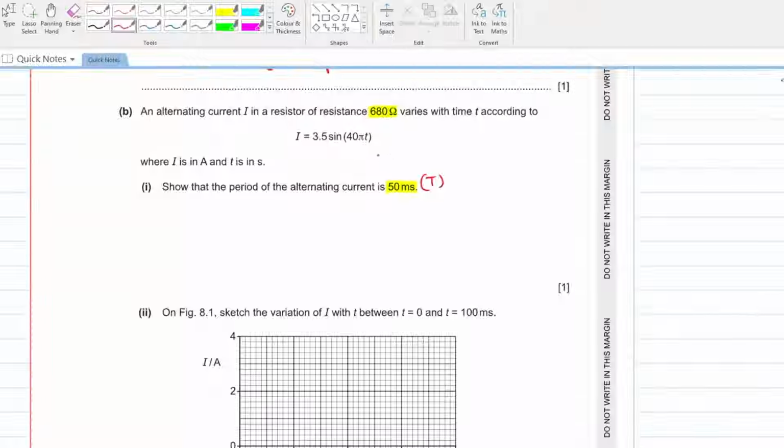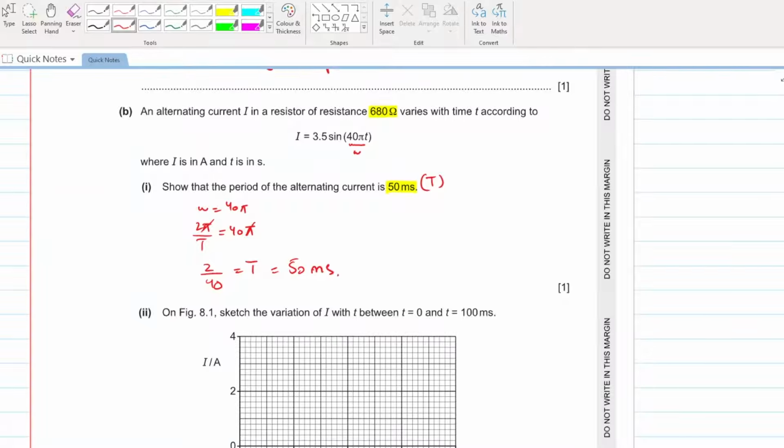We know that 40 pi is equal to omega. Omega is equal to 40 pi, so 2 pi over T is equal to 40 pi. Pi cancels out. 2 over 40 is your time period, which comes out to be 50 milliseconds. Nothing complicated here.